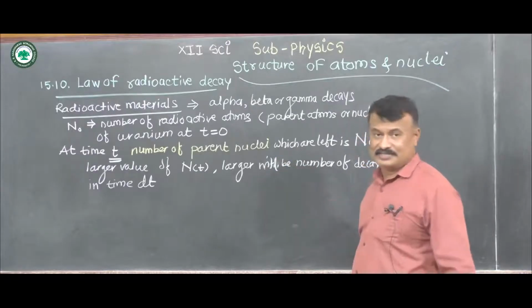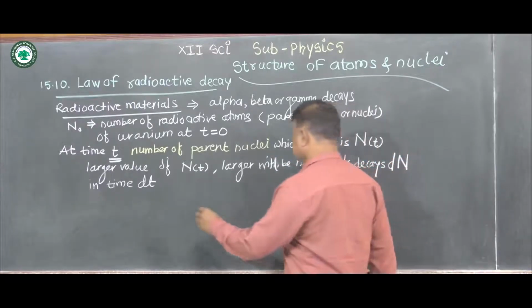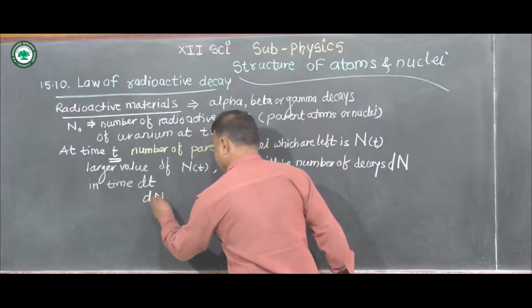So according to this, we can say that this is dN by dt.